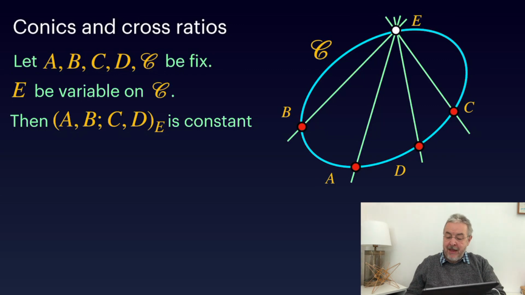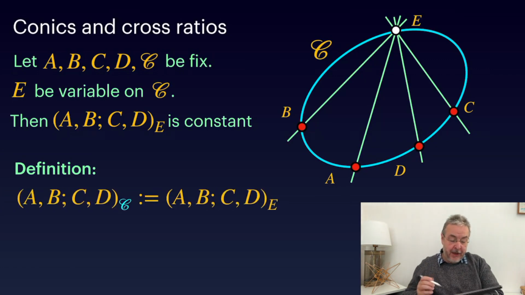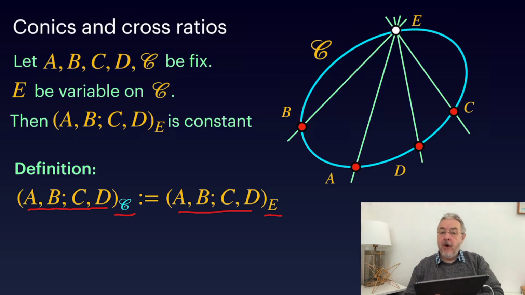and by that you see that if this point here moves around and the cross ratio does not really depend on the position of that point, it must be a property of the 4 points in relation to that conic, and we use that now to make a definition that we call the cross ratio of 4 points on a conic with respect to that conic, the cross ratio that we get if we view those 4 points from an arbitrary point E on the conic.